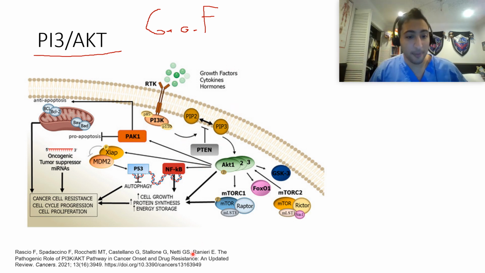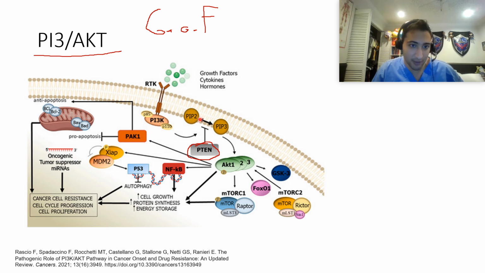Therefore, you would not be surprised if I told you that PTEN is a tumor suppressor that is mutated in some kinds of cancer, because PTEN is the brake on this reaction, whereas PI3K is the gas pedal. So PI3K is a proto-oncogene that can become an oncogene if mutated, and PTEN is a tumor suppressor gene. If mutated, it loses its function and it no longer suppresses tumor formation.